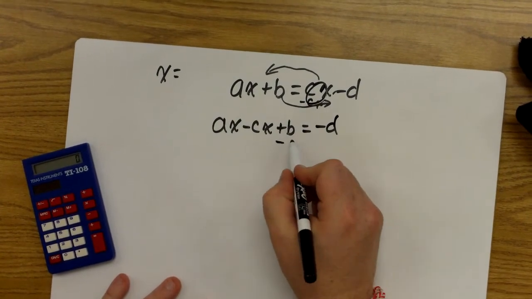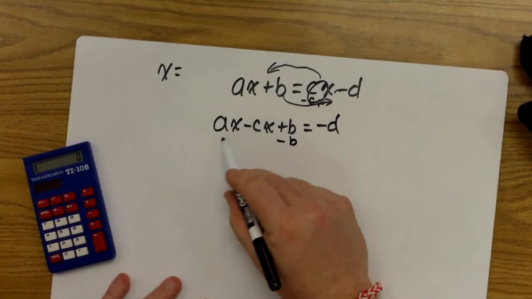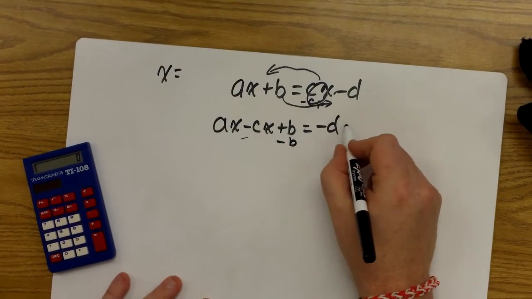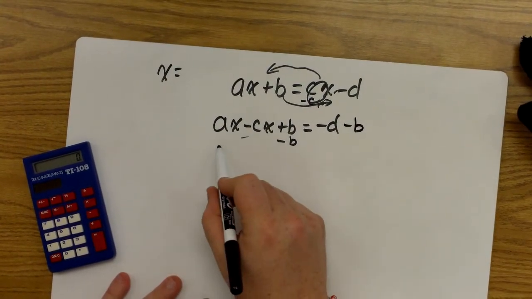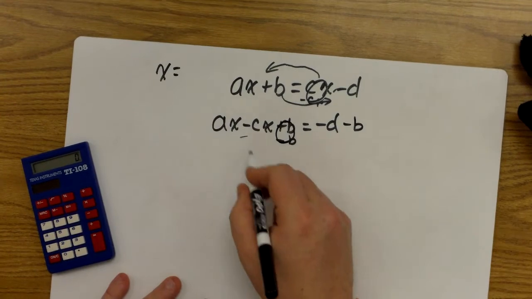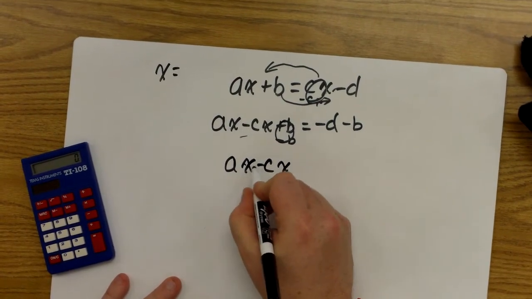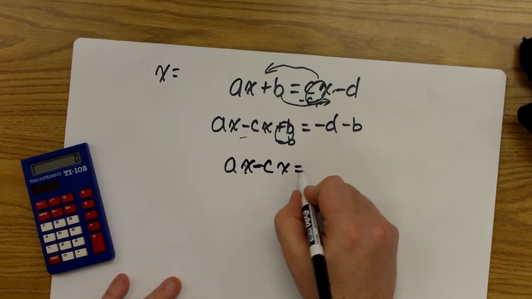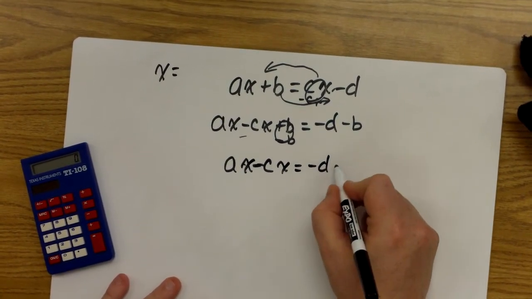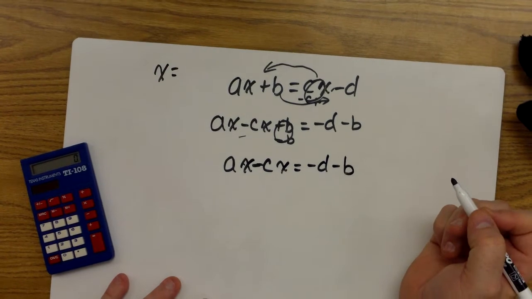Now I want to get rid of my plus B, because it does not have an X like these two do. And I'm going to put a minus B on both sides. So this becomes a 0. Now I have AX minus CX is equal to negative D minus B.